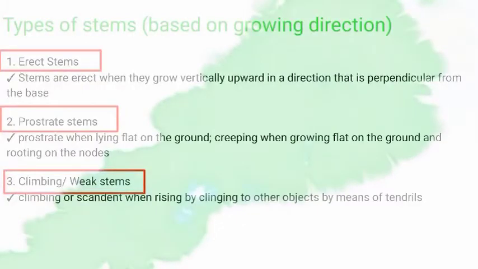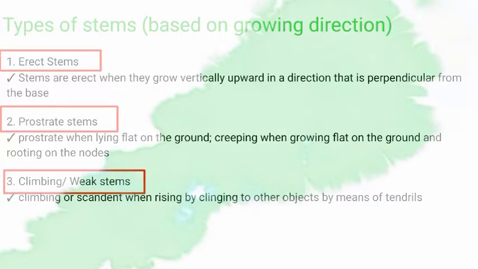Types of stems based on growing direction. Erect stems. In this type, stems are erect when they grow vertically upward, in a direction that is perpendicular from the base. Prostrate stems. Prostrate when lying flat on the ground, creeping when growing flat on the ground and rooting at the nodes.